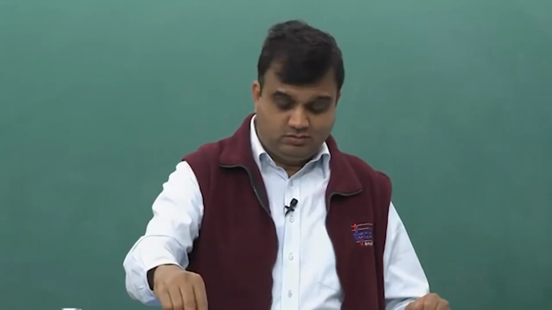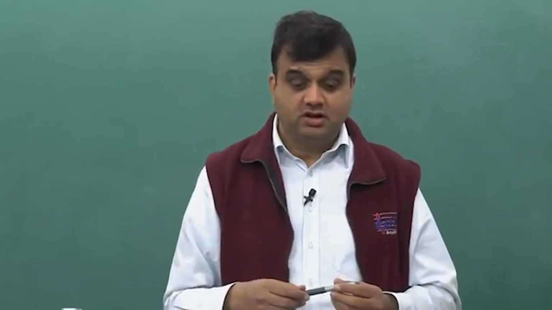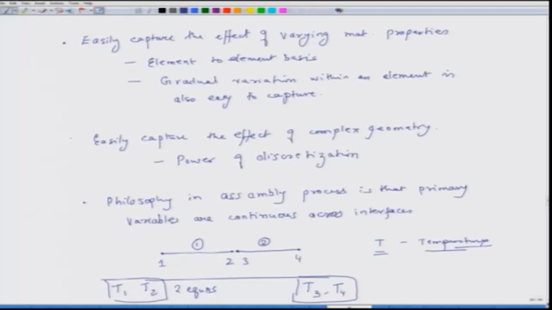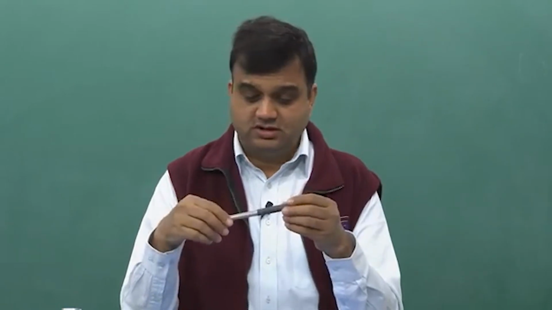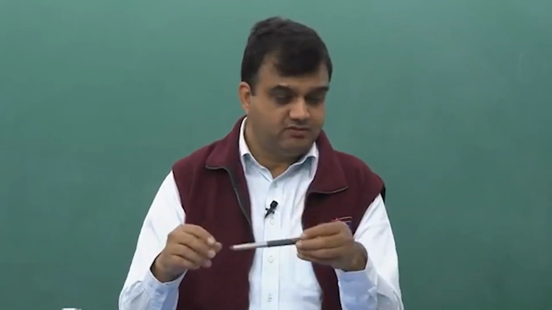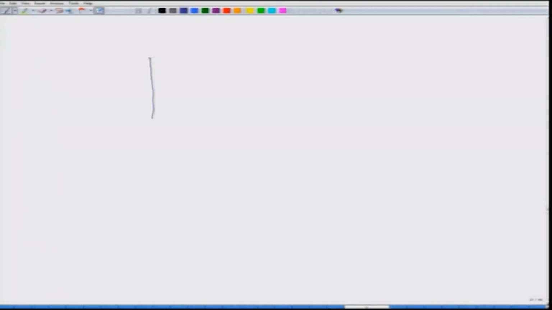Now, there could be a situation where the value of the variable at T2 may not be the same as the value at T3. What could be the case? For instance, suppose I have a piece of metal and there is a crack here.